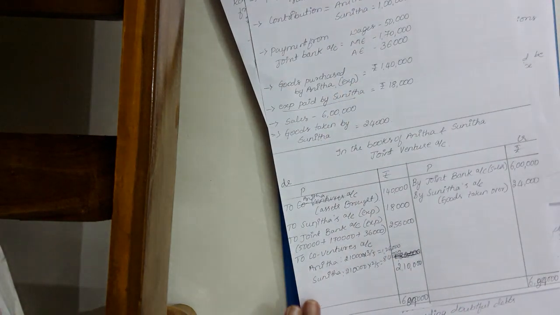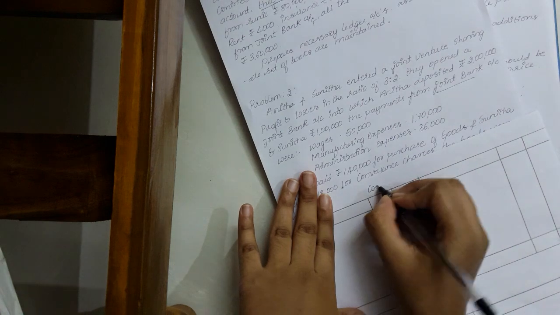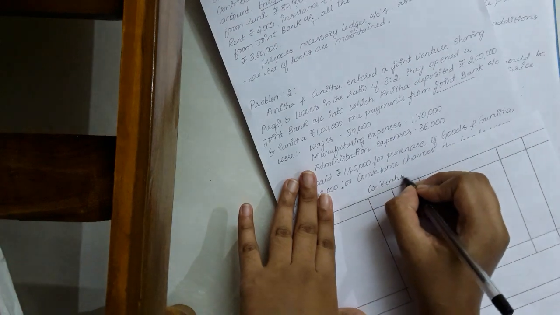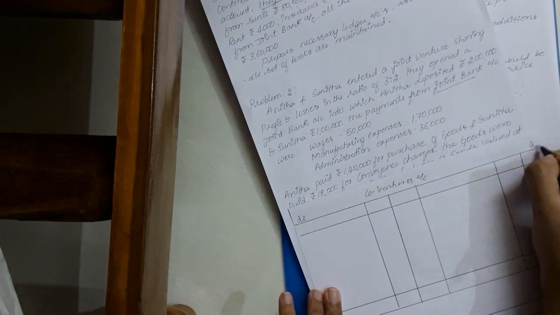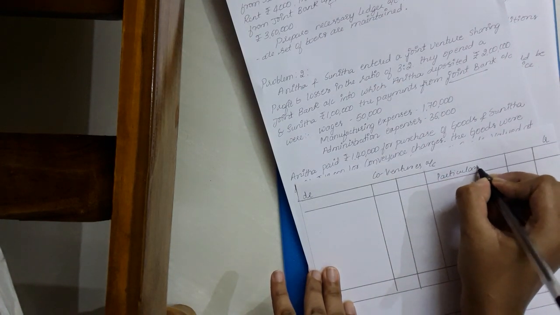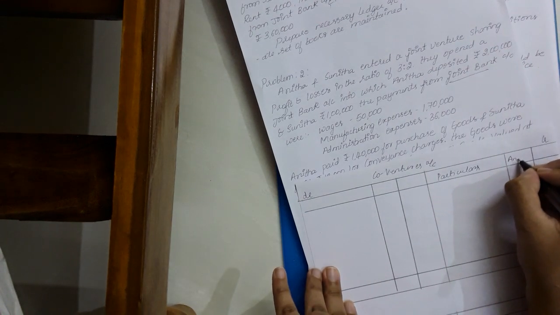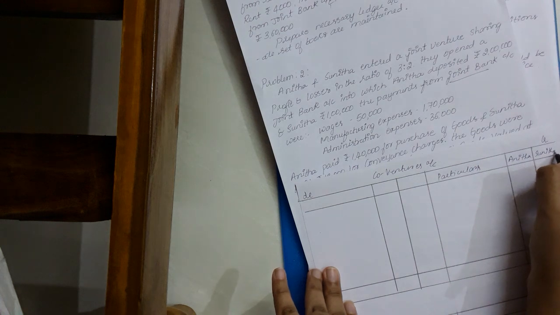It is known that it is profit on joint venture. So next we need to prepare the co-venturers account, with debit, credit, particulars. The co-venturers are Anita and Sunita.